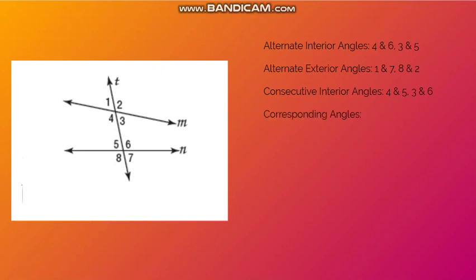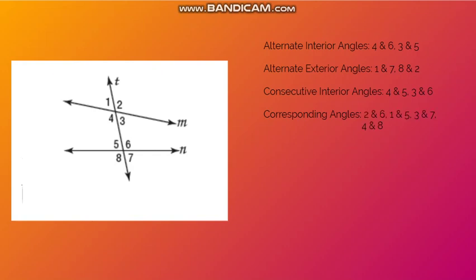Our corresponding angles, remember that a corresponding angle is on the same side of the transversal and the same side of its respective line. So essentially, every intersection has a top left, top right, bottom left, bottom right. Corresponding is just which one is top left here. There's also a top left here.